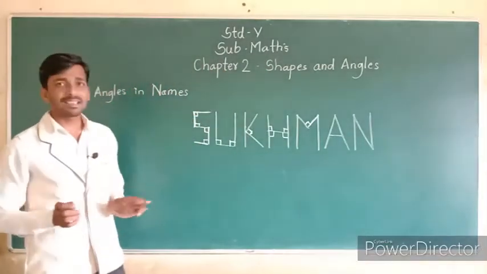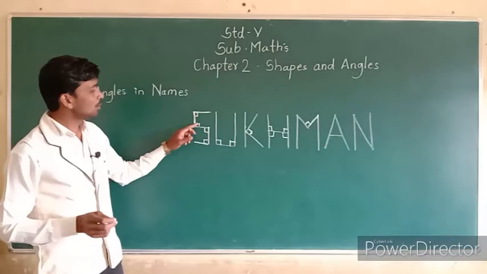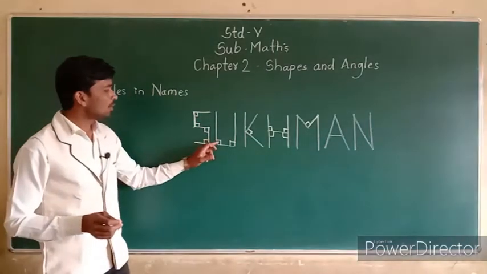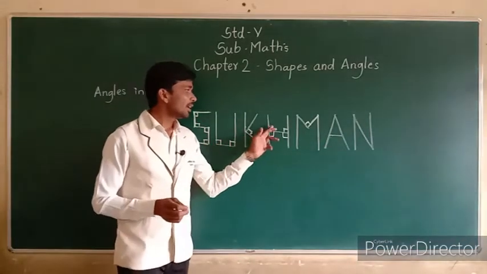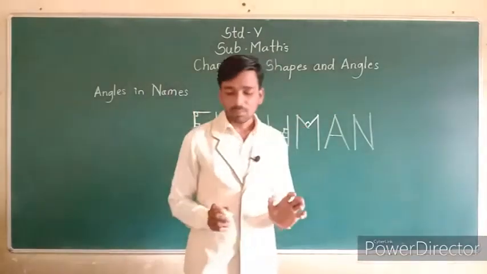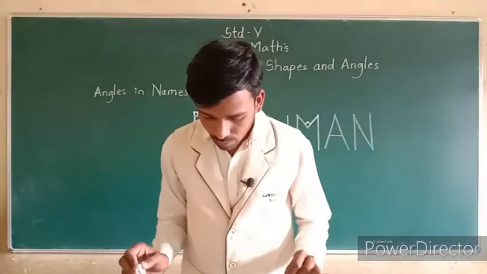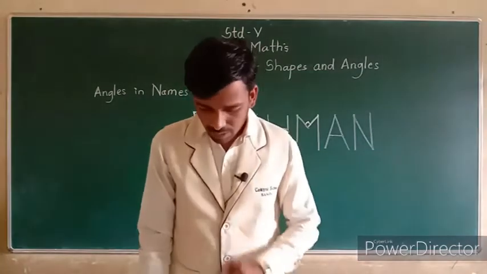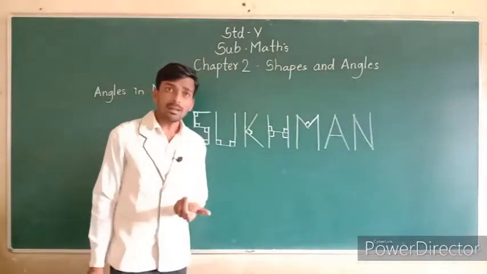So how many right angles are there? I will count. 1, 2, 3, 4, 5, 6, 7, 8, 9, 10, 11 and 12. How many right angles are there? 12 right angles are there. But they have given us 11. Why?